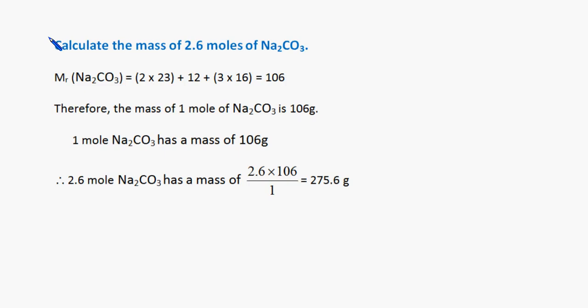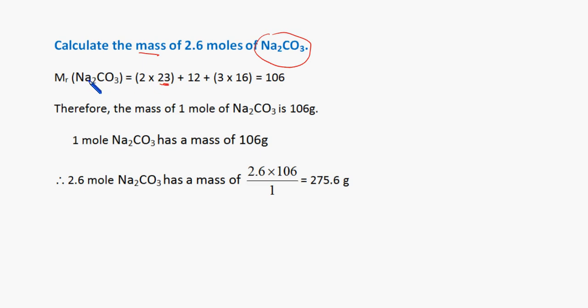Okay, in this example, we want to calculate the mass of 2.6 moles of sodium carbonate. Now, in this question, you realize they want to find mass. So if we want to find mass, it must be on the right hand side of our statement. But before we do anything, we need to calculate the relative formula mass of sodium carbonate. Now, sodium, the mass number is 23.